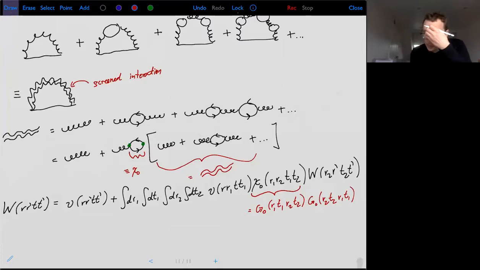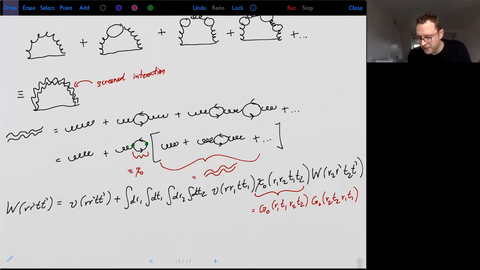So it's just the product of two Green's functions that have sort of swapped arguments. So that's what your chi0 is. And basically, now you can evaluate this expression because you know what the Coulomb interaction V is, and you know what G0 is, so you can figure out what chi0 is, and then solve this expression for the screened interaction.